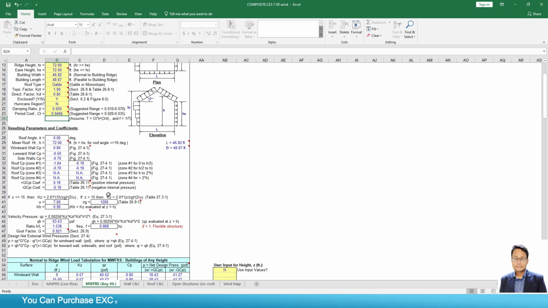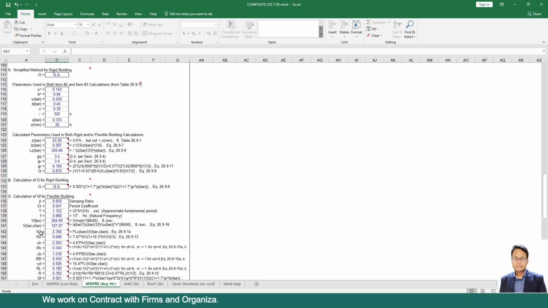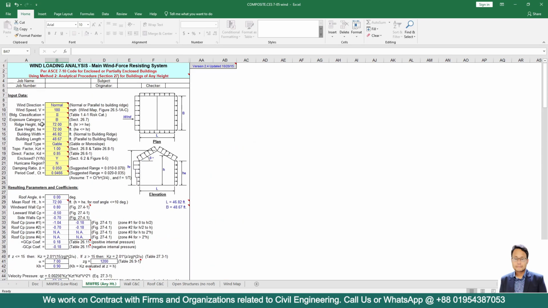Okay. Now you can see this Excel file has calculated the Gust factor value and the coefficient for windward wall and leeward wall, but this is not accurate for BNBC 2020. Just a little difference, because if I go downward, here you can see this Excel sheet is calculating time period T by considering the height of the structure in FPS unit.